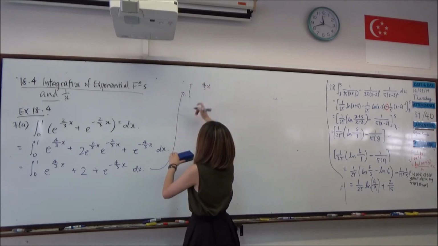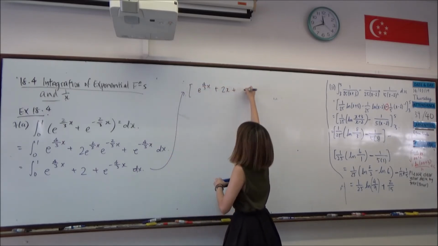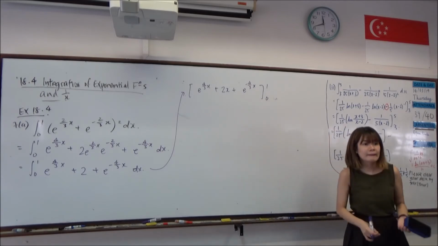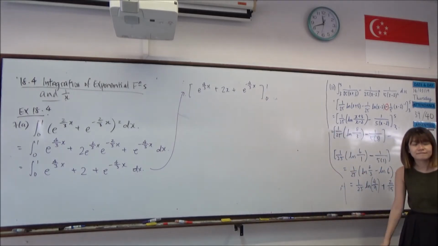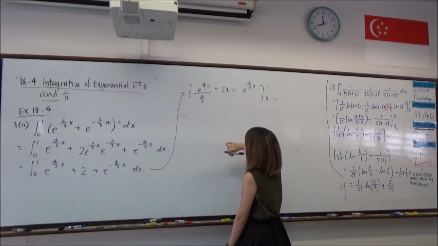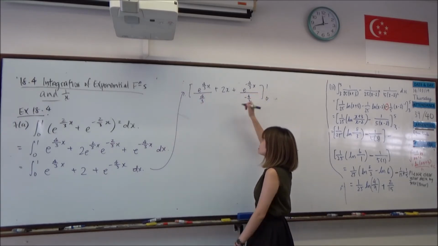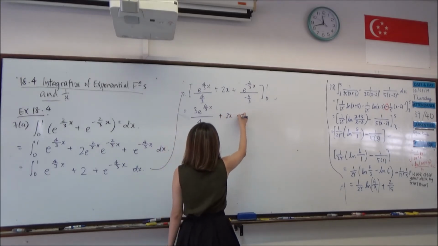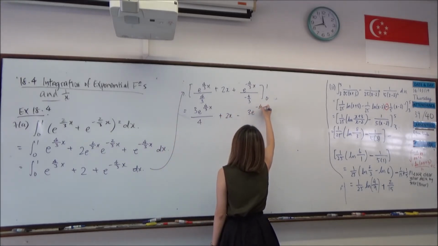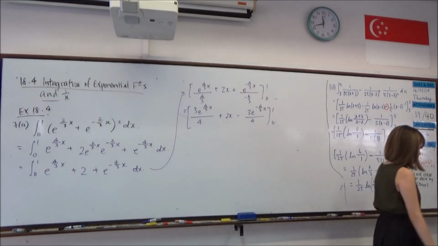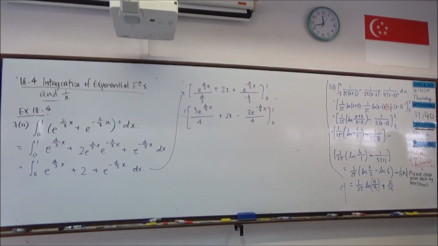Copy, like that. This one divide by 4 over 3, then this one divide by negative 4 over 3, right? Okay, then after that we will sub in the values.